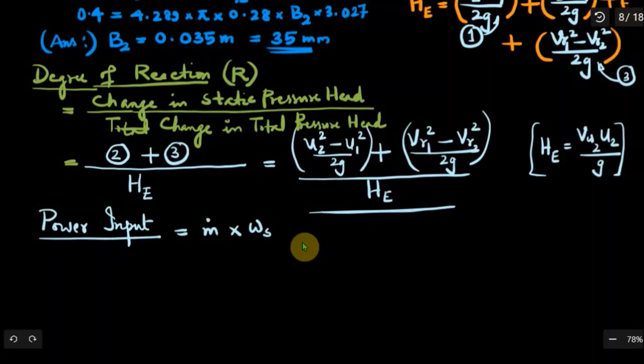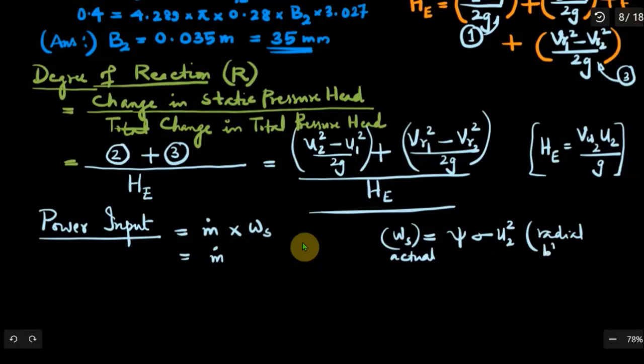So here m dot into, and in the last lectures we defined the actual work input, specific work input, which is available in joule per kilogram. So specific work input, actual case, WS represents the shaft work. So actual, this is psi sigma U2 square, and this is for radial bladed impeller, an impeller with radial blades.